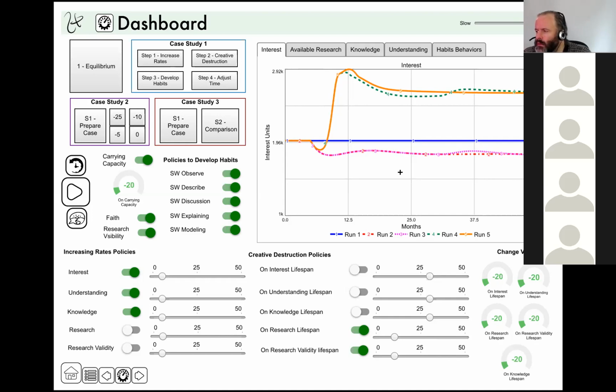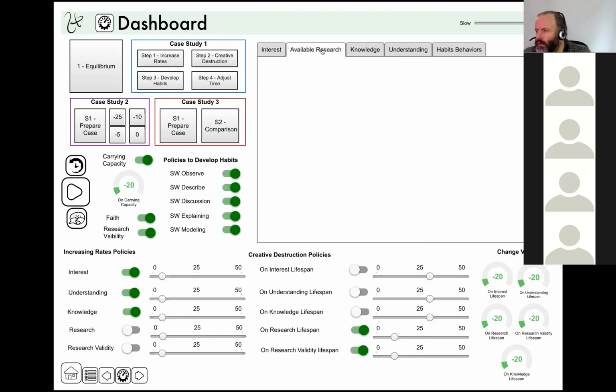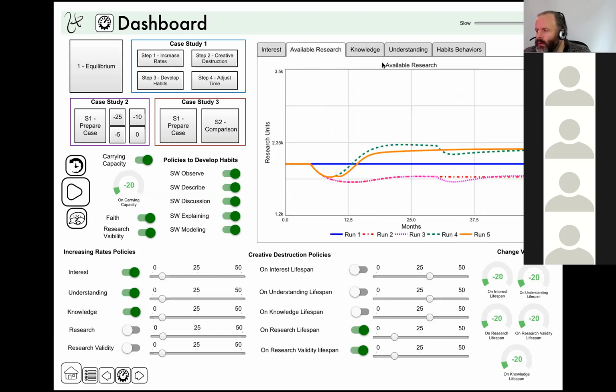So this is what happens with the interest in the thing that is observed. You can see it on the available research. Available research is what we can go and buy in Wiley or such.